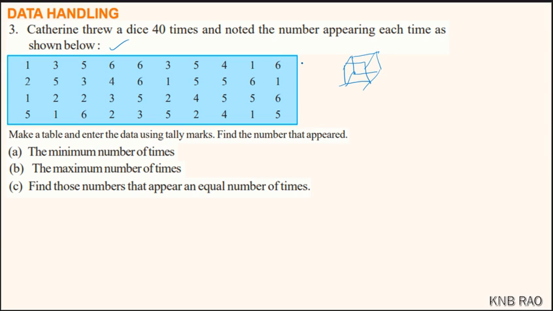Out of these, only one number will come on top, and we consider that as the number that appeared. So, make a table and enter the data using tally marks. That means we have to make a frequency distribution table. Find the number that appeared the minimum number of times and the maximum number of times. Find those numbers that appear an equal number of times.